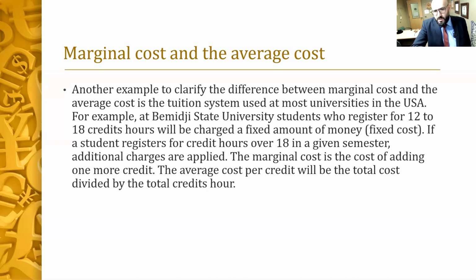The marginal cost is adding one more unit on top of the 18. The average cost per credit will be the total cost divided by the total credit hours.